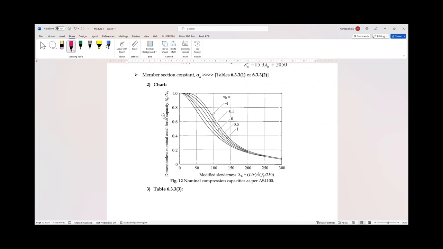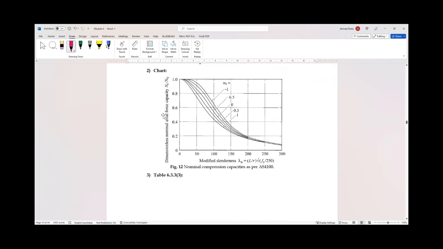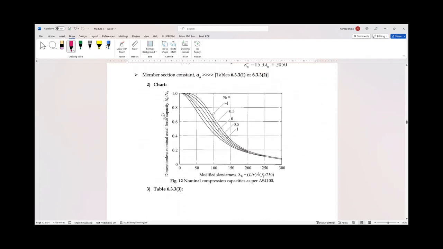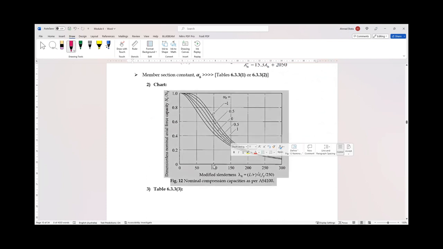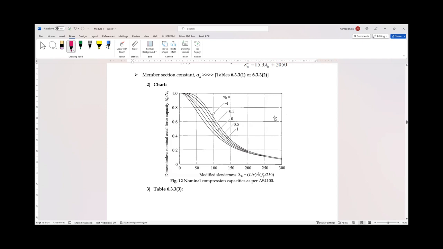So you can get alpha b from the chart. Can you see the chart? So using this chart with lambda n we can find alpha b. So here we got alpha b equal to 0.